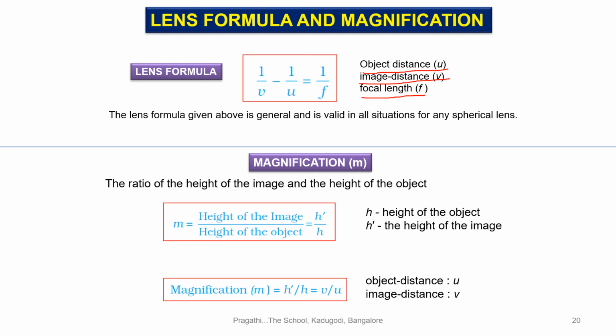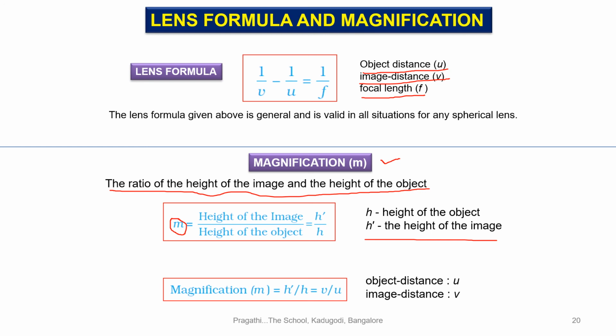Coming to the magnification. Magnification is the ratio of the height of the image and the height of the object. So height of the image is h dash, height of the object is h. Okay, it is given clearly here. And magnification is represented by small m. The correlation formula also can be written.